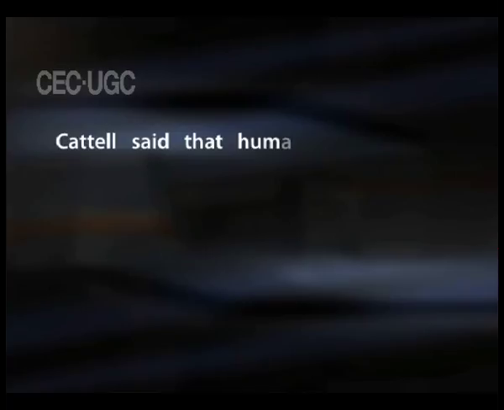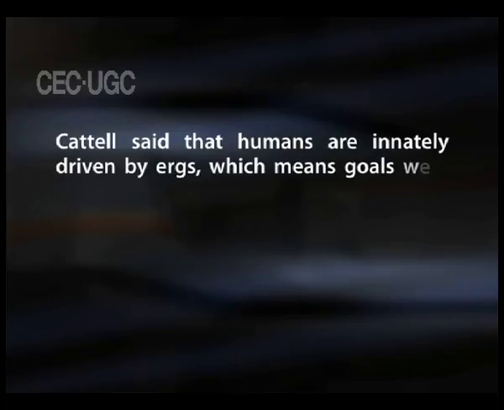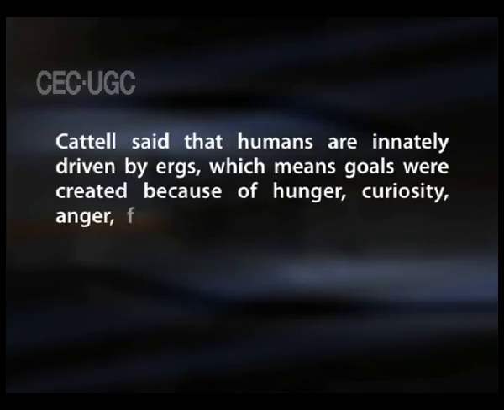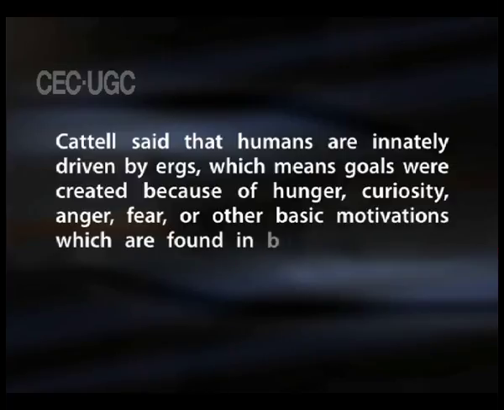Cattell said that humans are innately driven by ERGs, E-R-G-S, which means goals were created because of hunger, curiosity, anger, fear or other basic motivations which are found in both humans and primates. Cattell believed that intelligence was primarily an inherited trait.